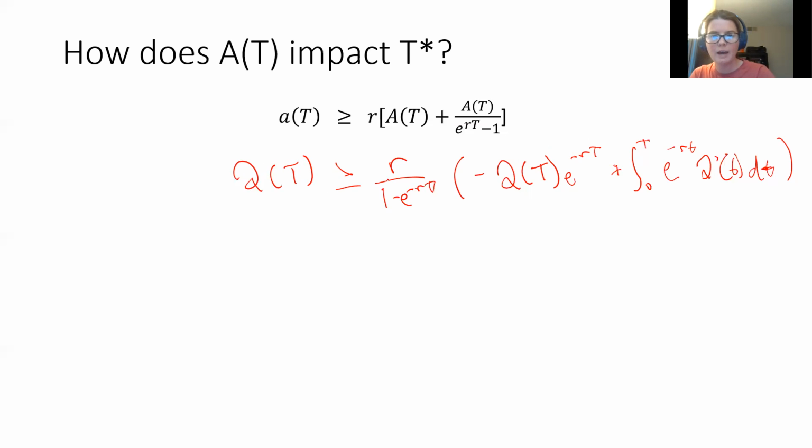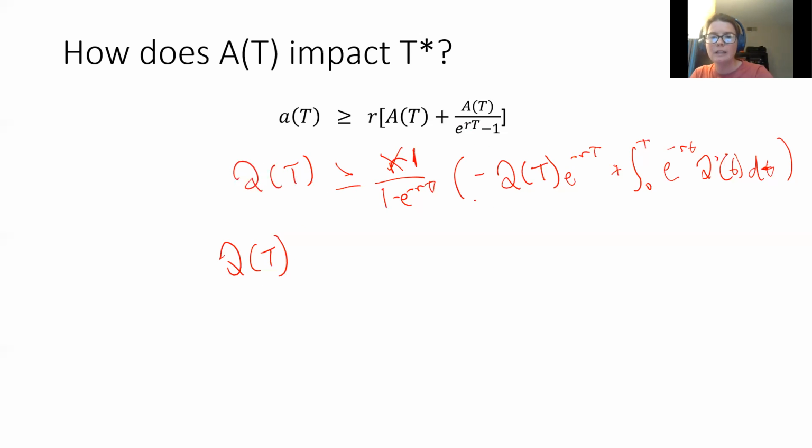Now we have Q cap T on both sides here. We can bring this one over here. And actually our r goes away as well, because when we integrate this by parts, we end up with a 1 over r. Sorry, this is getting a little messy.